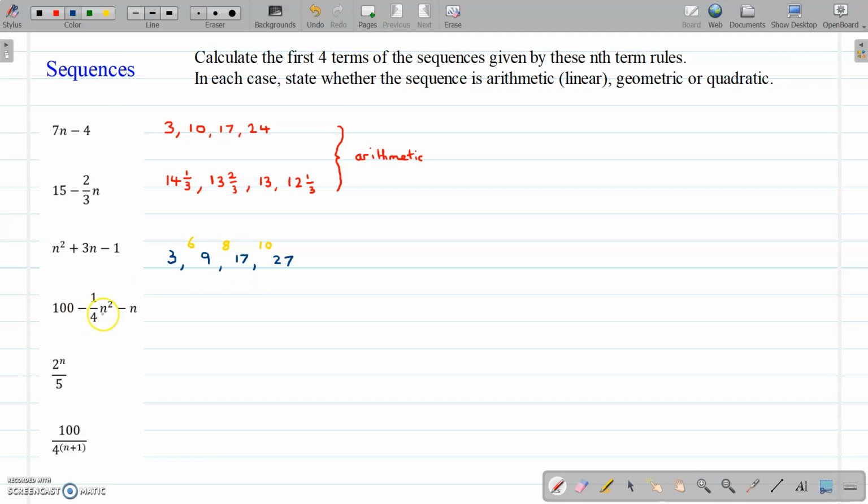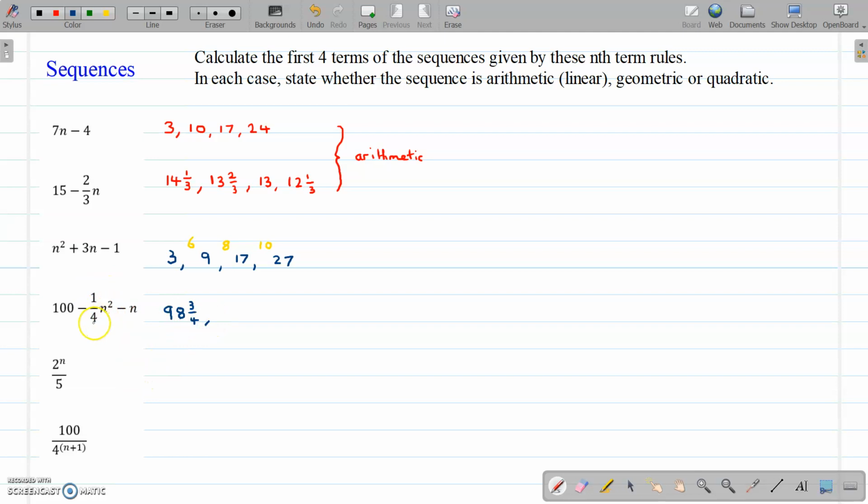Well, a quarter of 1 squared is a quarter, so it's 100, take away a quarter, which is 99 and 3/4, take away 1, which is 98 and 3/4. Now again, I'm going to leave it in mixed number form at the moment. Okay, I could change it to a decimal, or I could change it to an improper fraction, but I'll leave it like this for the moment.